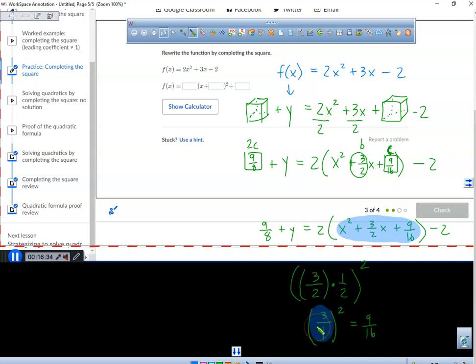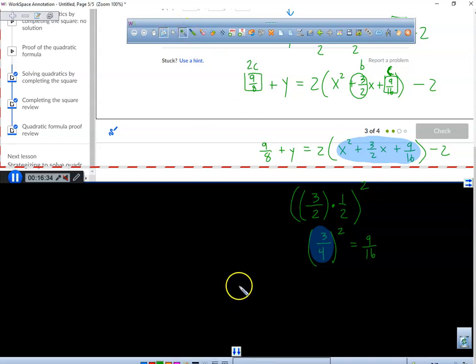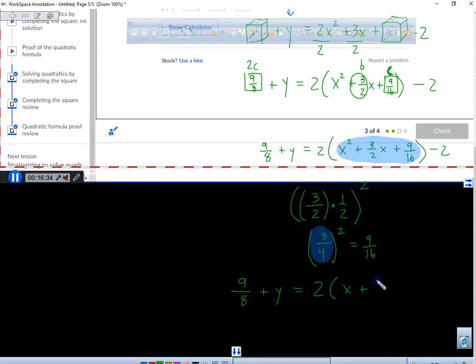Before we square it, that we're going to put in our parentheses. So here we go. Hopefully you can see this. 9 over 8 plus y equals 2 parentheses x plus 3 over 4 squared minus 2.